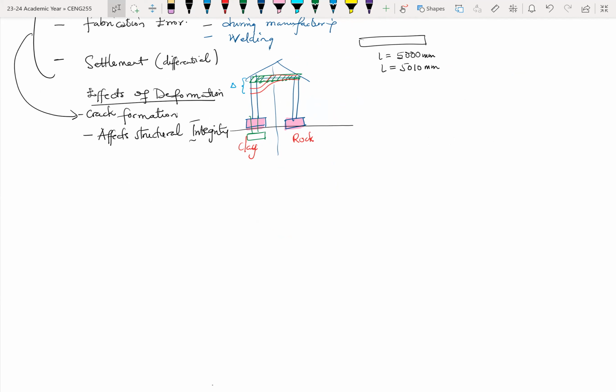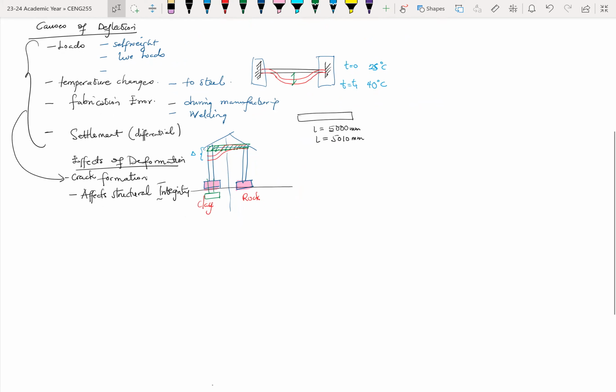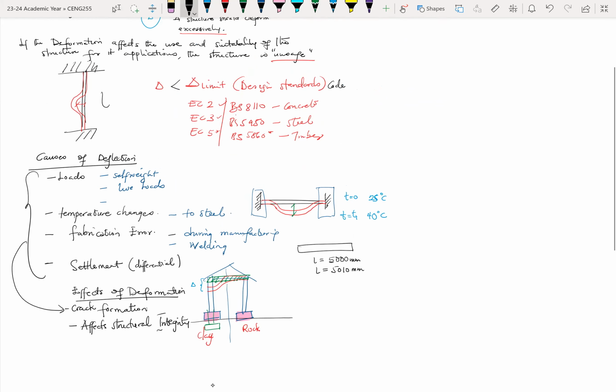So with deflections, they can be vertical and they can also be lateral. So far, the examples we've been looking at are vertical, where it deflects downwards. This is an example of a lateral deflection. Let me write it well.